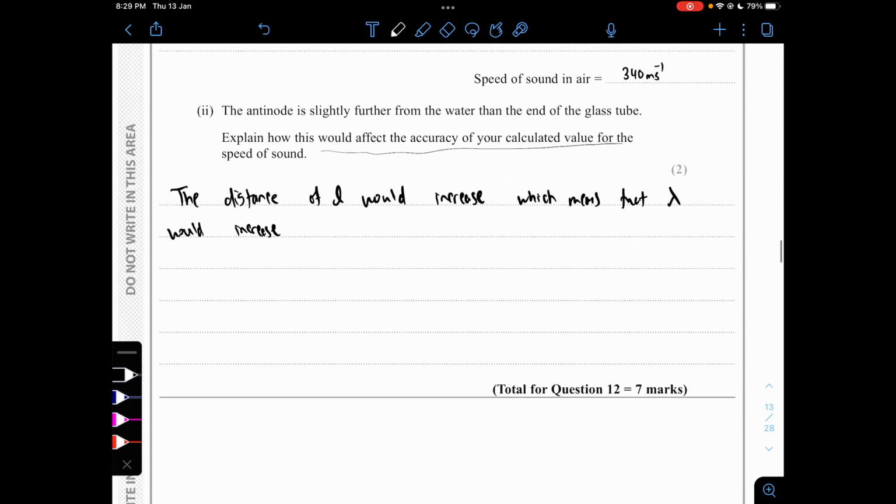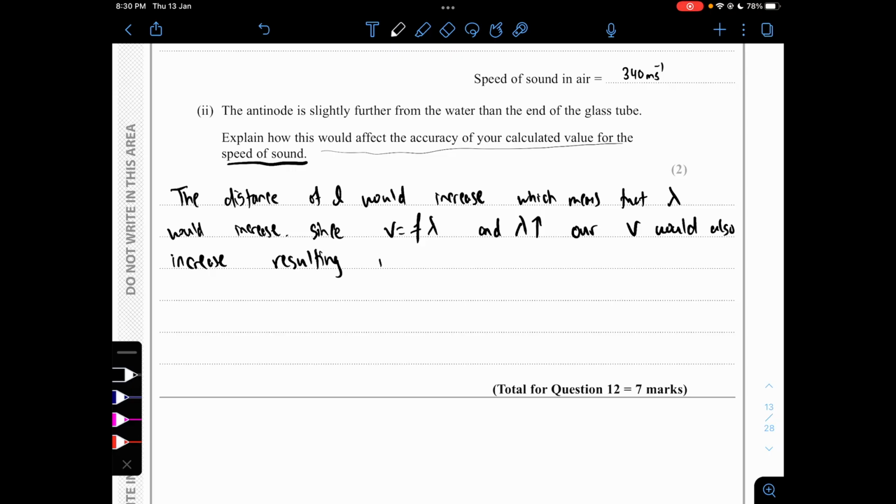So then what? We're talking about speed of sound, right? Since V equals F lambda and lambda increases, our V would also increase, resulting in a higher value for the speed of sound.